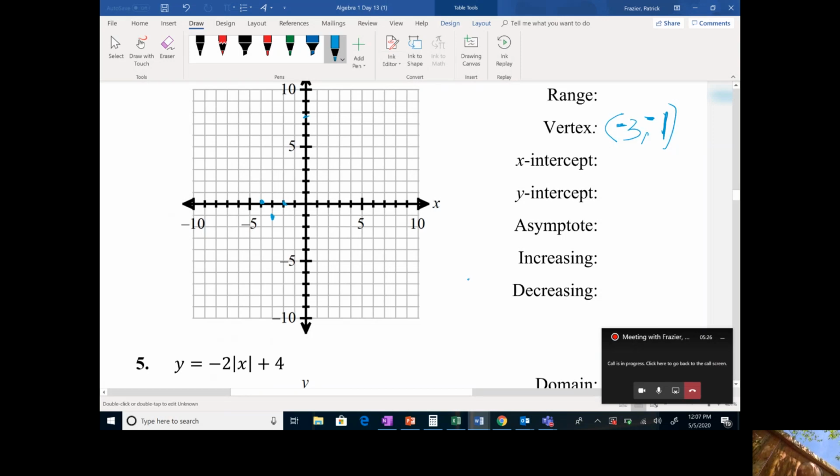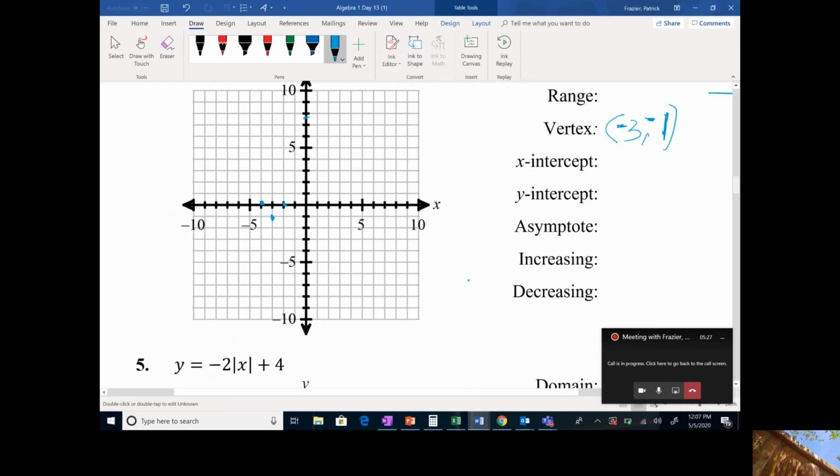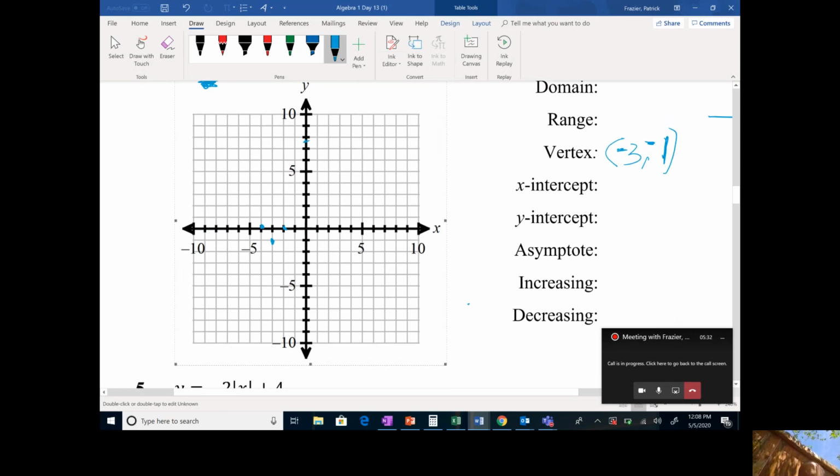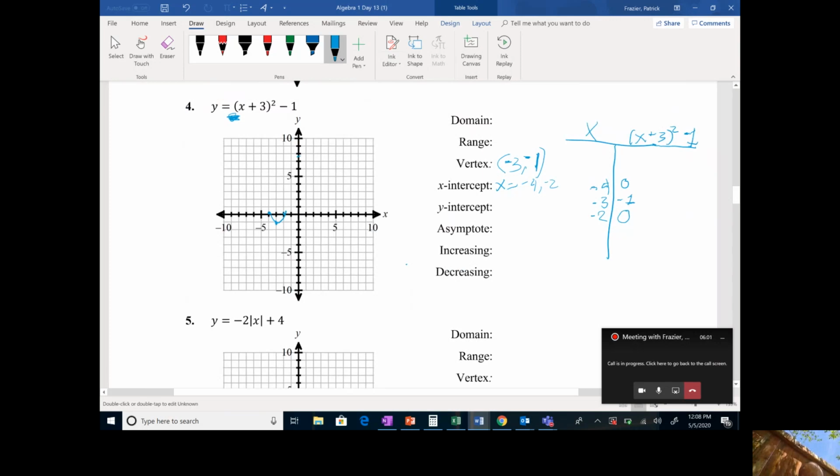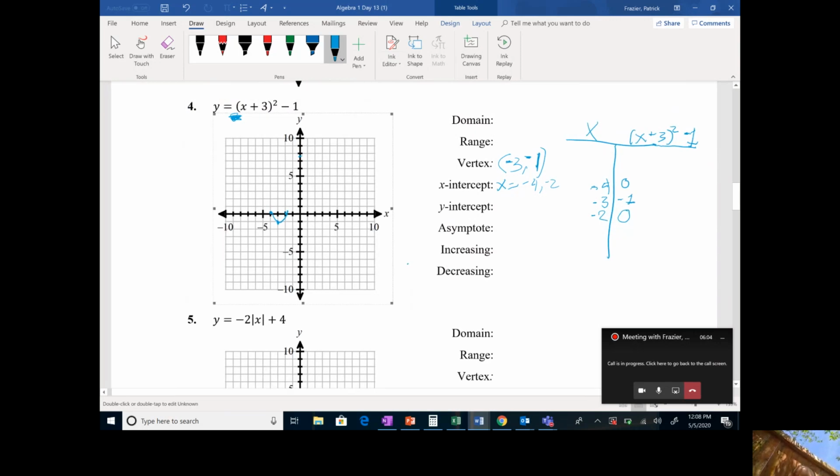These are the two x-intercepts, by the way, because it crosses the x-axis. So we could also say x-intercepts x equals -4 and -2. Okay, and then there's a little bit of an art to making sure it looks more like a U when you connect those. You're hand drawing your graph. You want to make sure it looks like a U and not like a V.